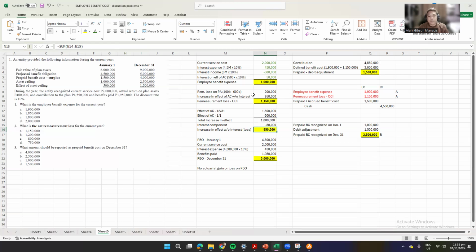So the remeasurement loss on the plan assets, so that's 400,000 less 600,000, so we have 200,000 here. Increase in effect, so that's 950,000, so we have to add it, no? So it's a loss kasi. So the remeasurement loss is 200,000 plus 950,000, so we have 1,150,000 net remeasurement loss, or letter B.